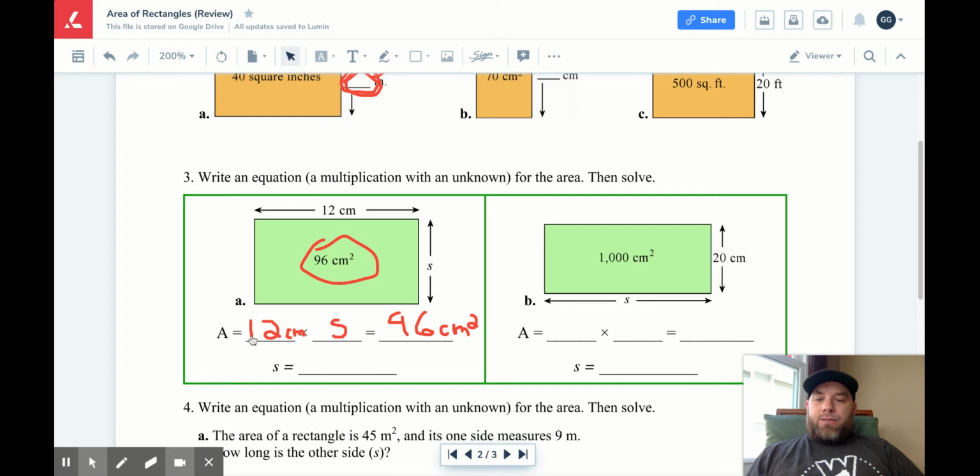So again, I'll break apart this 12 as a 10 and a 2. 10 plus 2 is 12. And I'm going to multiply that by 8. So I'm going to multiply 8 times 10. I can do that in my head. 8 times 1 is 8. Put the 0. I have 80.